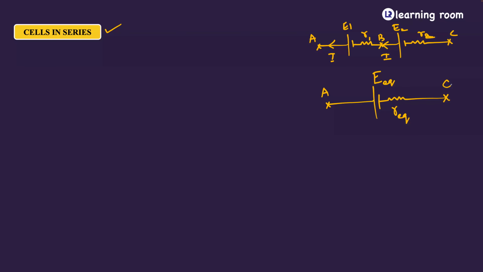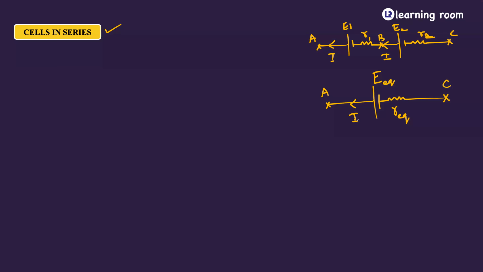Right. Now, this cell should supply the same net current I. One thing not to get confused about is that it is not I plus I, which is 2I. It is the same current I that is flowing through both the cells.